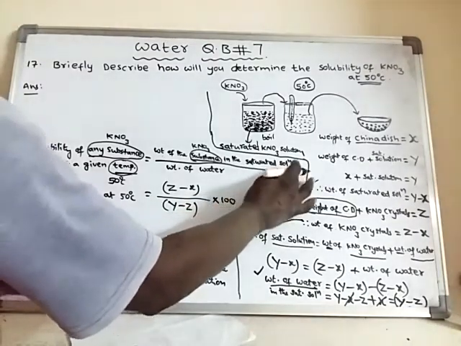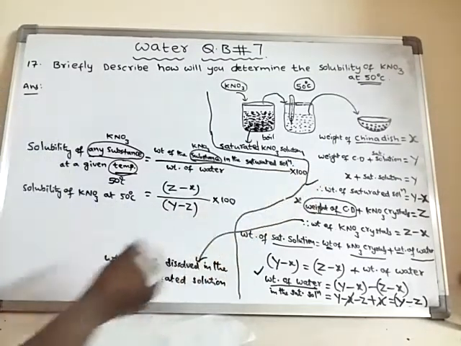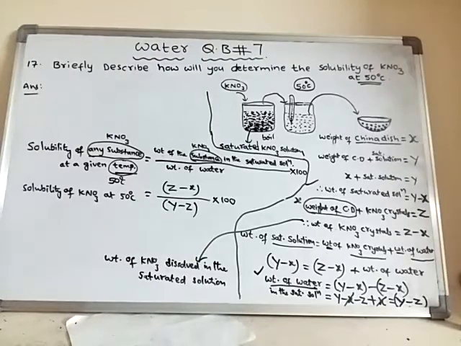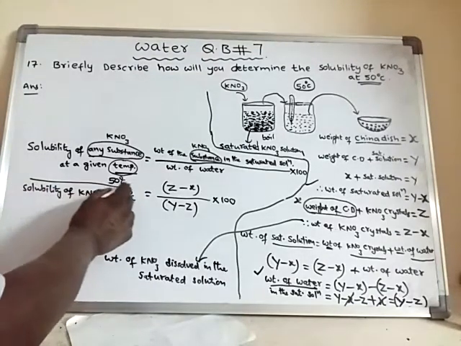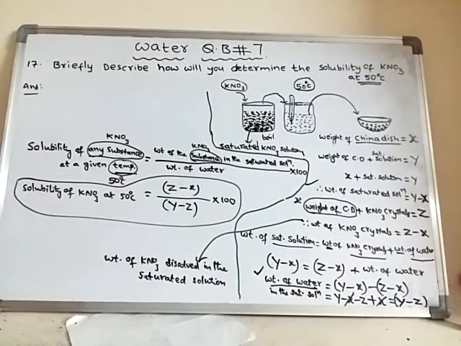Here we have to take into 100. In this way we can determine the solubility of KNO3. Now we will learn the next question, the 18th question.